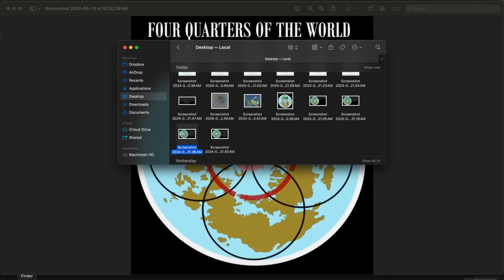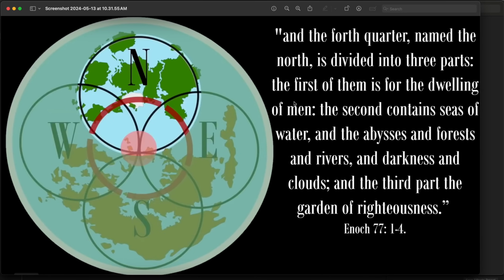Then, of course, we get to the fourth quarter, named the north, divided into three parts. The first of them is the dwelling of men. What I think Enoch meant by that is the lands. This is the first area of the three, the dwelling of men. The second contains seas and water, and the abysses and forests and rivers.